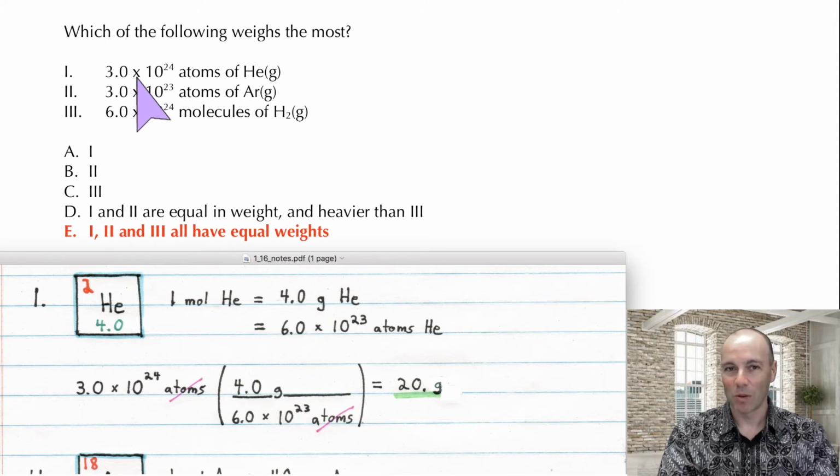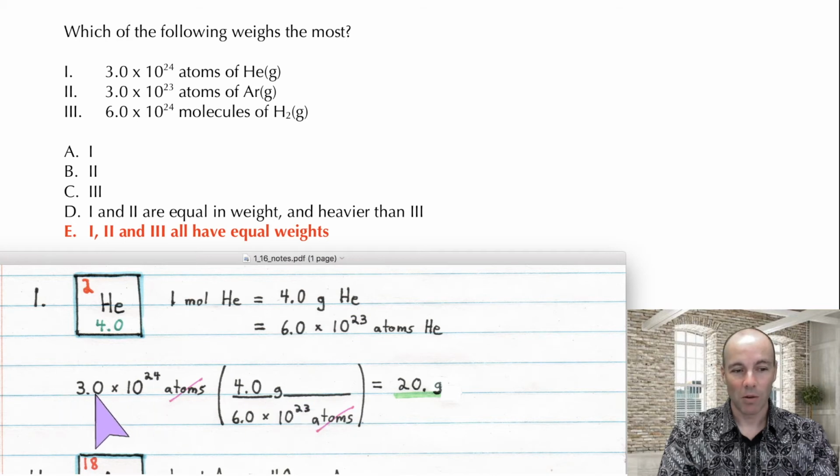Another way to get that would be a straightforward calculation. You take this number and you divide it by 6 times 10 to the 23rd, and that will give you 5. So when you do this calculation on paper, you know that 4 grams of helium is the same thing as this many atoms, and you can use this to build a conversion factor.